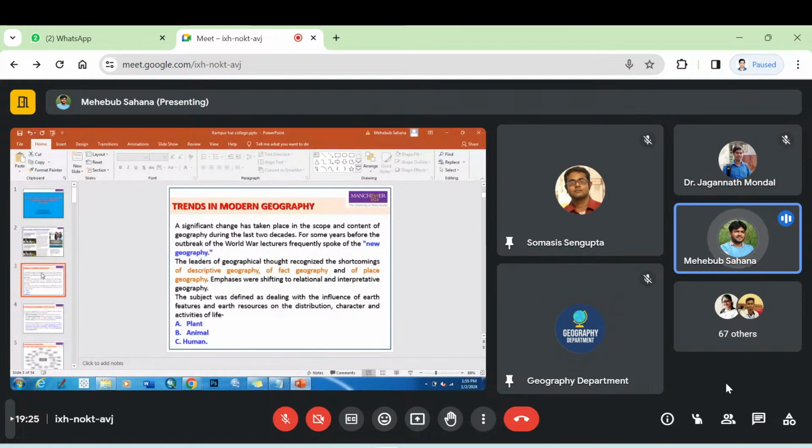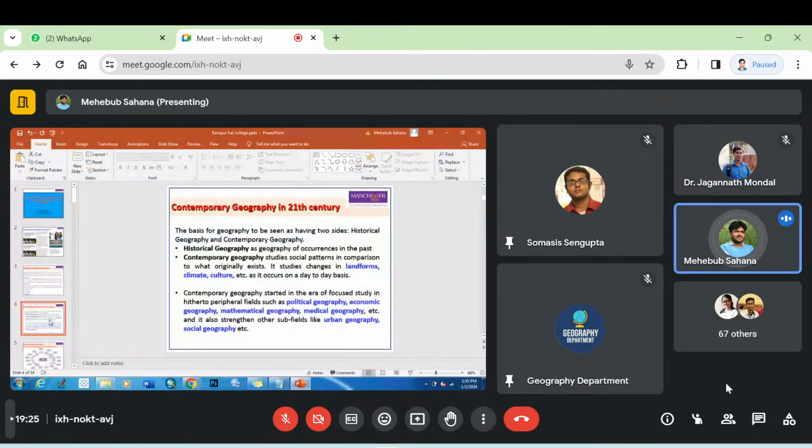So I just touch on this: what this trend is and how it is associated with our discipline. In the last 2 decades, we discussed a lot about contemporary geography, climate change, and environmental change.